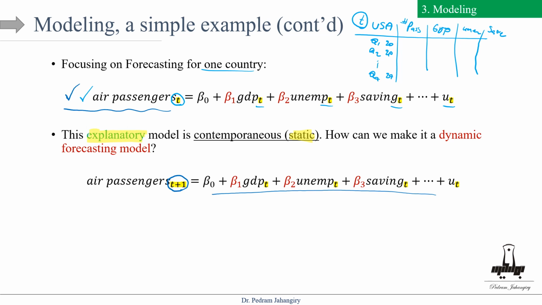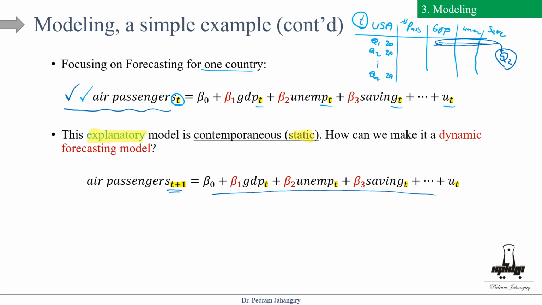So what does it mean? It means use this, for example, row of data, say this is Q1 2020, and try to make a forecast for Q2 2020, right?